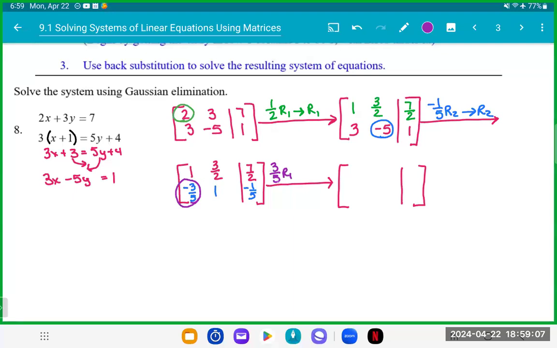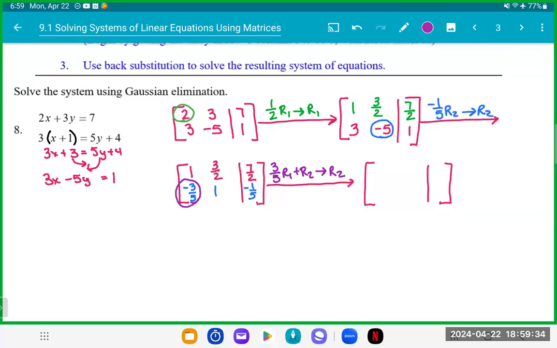So if I do 3/5 times row 1 and add it to row 2 and replace row 2, what does that look like?